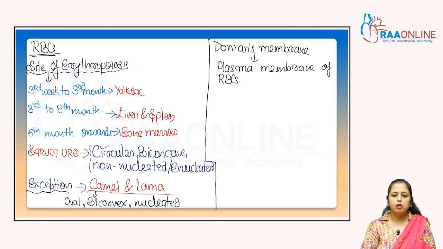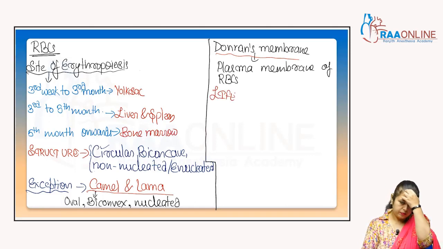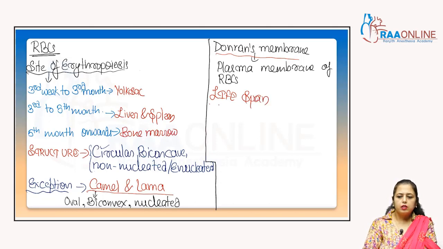And when we talk about the lifespan of RBCs, right, in humans it is 120 days.